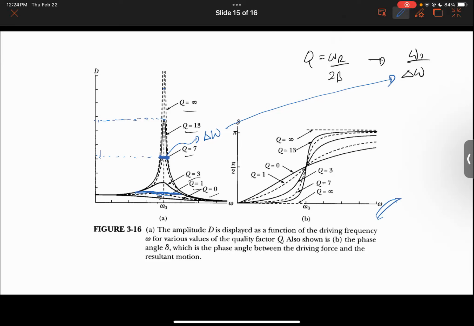And for different values of Q, okay, so for Q equals 0, medyo straight line siya. Q equals 1, nagsisimula na siyang maging tangent, and as Q approaches infinity, medyo nagiging ganito yung behavior niya. So meron siyang tawag dito, sharp discontinuity at omega naught.